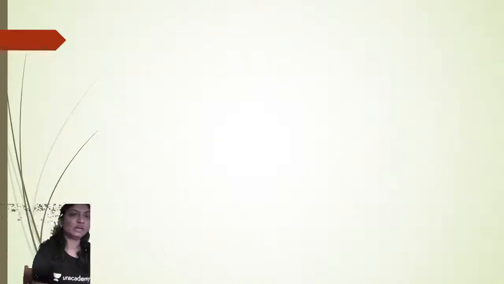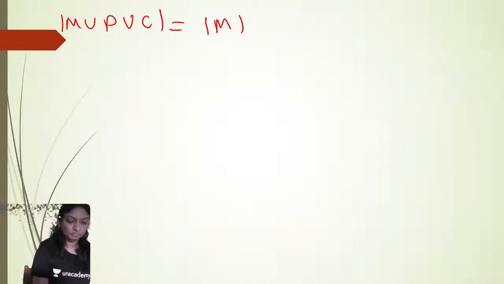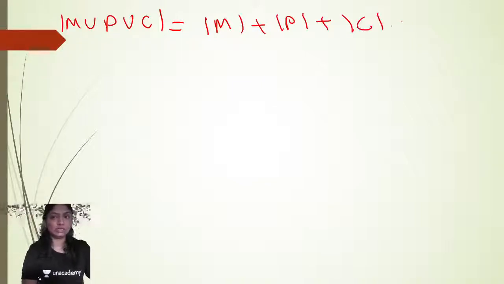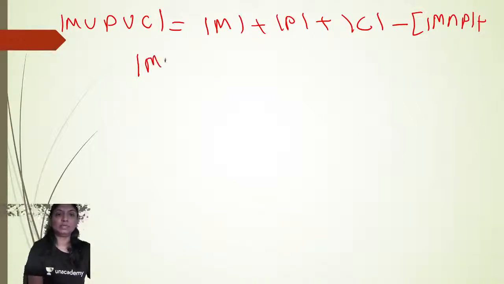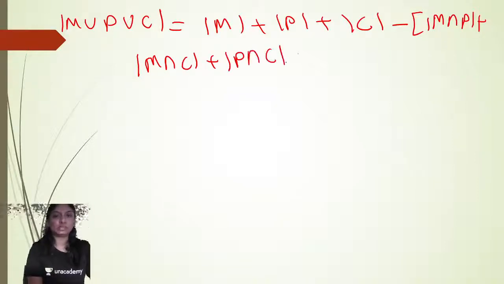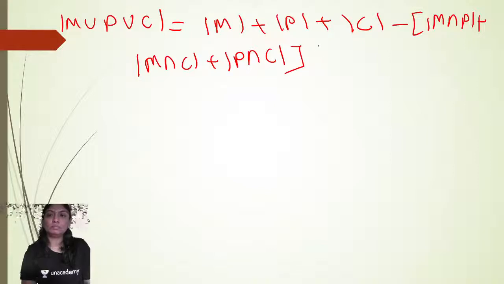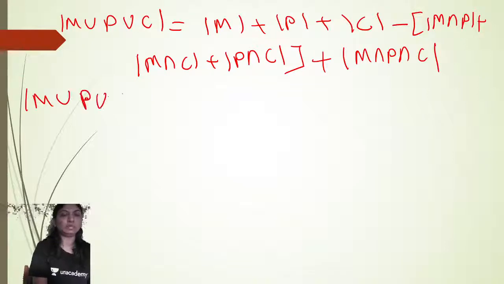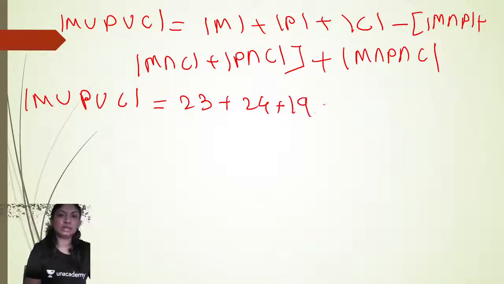Here we know that cardinality of M union P union C is equal to cardinality of M plus cardinality of P plus cardinality of C minus cardinality of M intersection P plus cardinality of M intersection C plus cardinality of P intersection C, plus cardinality of M intersection P intersection C. So here cardinality of M union P union C is equal to 23 plus 24 plus 19 minus 12 plus 9 plus 7 plus 4.